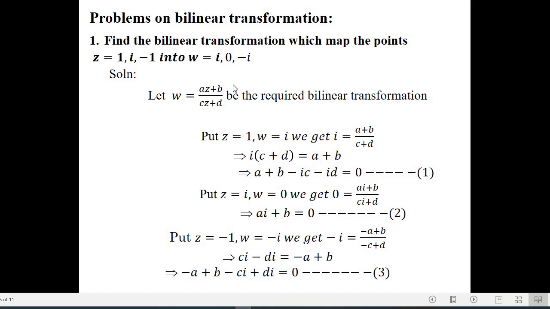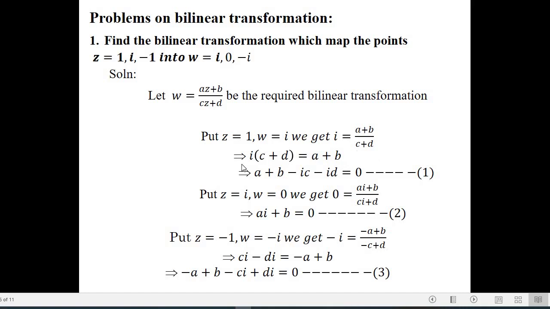If I substitute these values in this transformation, we get i is equal to (a into 1 plus b) divided by (c into 1 plus d). Since the z value is 1, we get i is equal to (a plus b) divided by (c plus d).